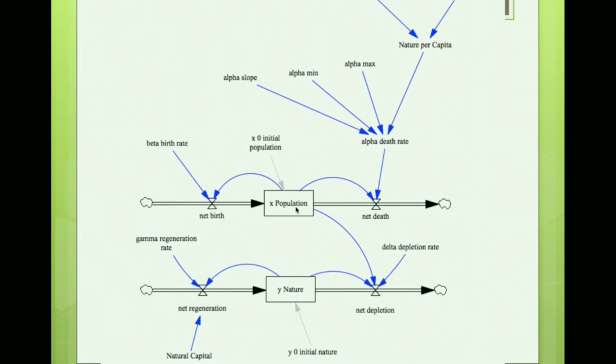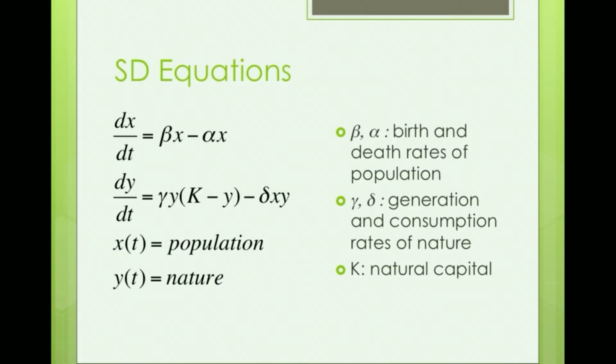So it's a very simple two-stock with feedback model. Let's take a look at the equations. You have two populations, X and Y. Population X has a growth rate, beta, and a death rate, alpha.